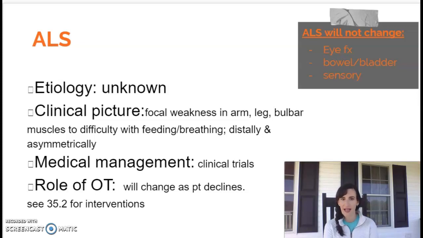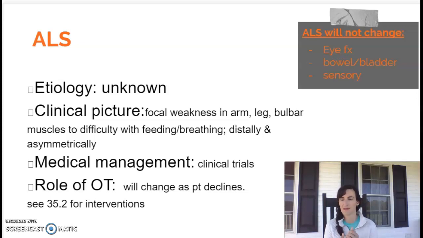So then from the active range of motion to active assistive to then maybe their caregiver would be able to do passive range of motion. Then thinking about things like sensory stimulation. And so thinking about things like that, right? So just think about, these are all maintenance. Think about the downward trend.